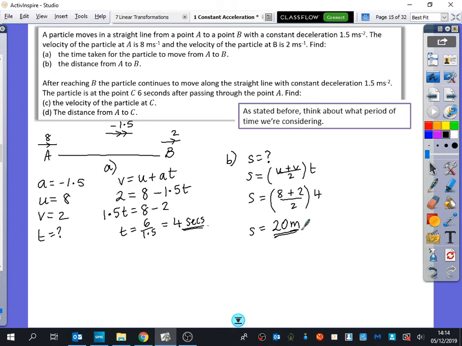That first part should be straightforward and nice and easy. The second part of the question may be a little bit more complicated. So if you finish writing that down, start reading what it says.